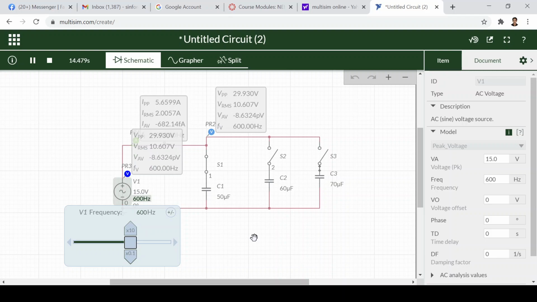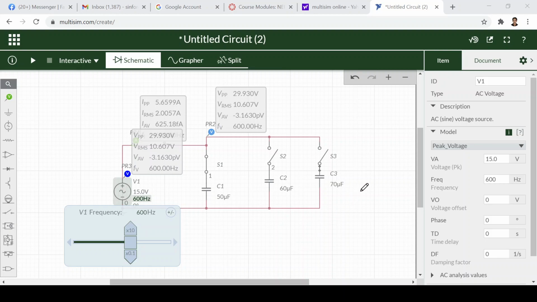Now, for run 2, we shall set the frequency to a little bit lower, at a frequency of 100 Hz, the same peak value supply.